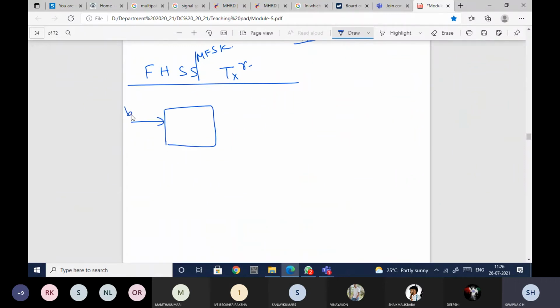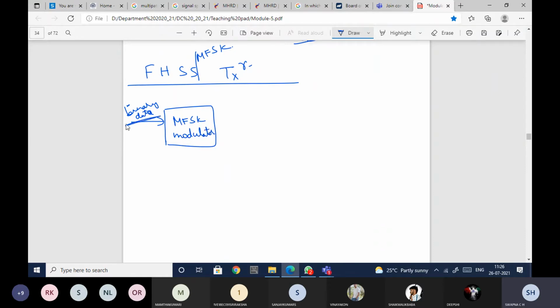First I will have the binary data. The first step is to modulate it, using an M-ary FSK modulator.